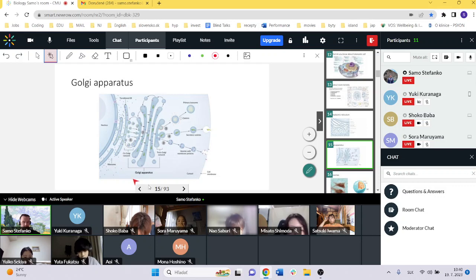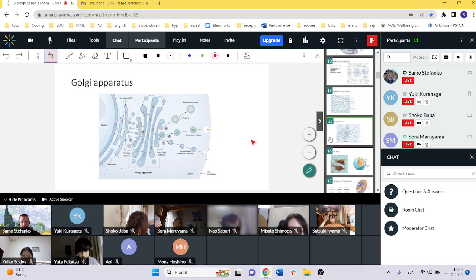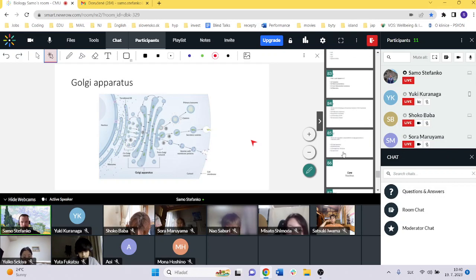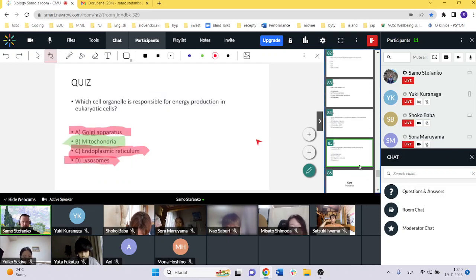Here we have the picture. It's very close to the endoplasmic reticulum, so it's not responsible for protein synthesis. However, it receives products from the endoplasmic reticulum and then it decides where they go. Very, very good.